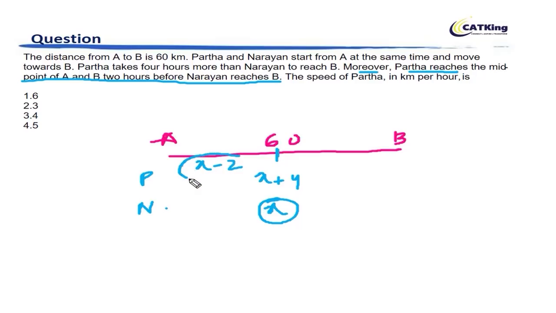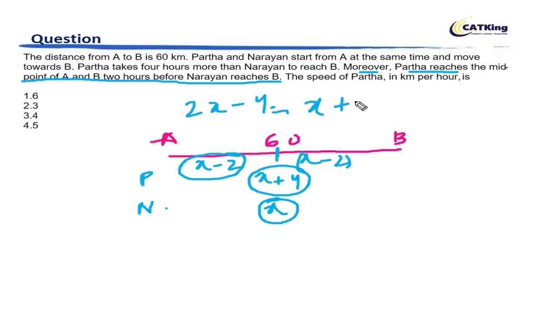If Partha is taking X minus 2 hours to reach the midpoint, he will take another X minus 2 to reach B. So the total time that Partha is taking is 2x minus 4, which is also equal to X plus 4 that we had initially taken. Using this, we can simply say that X is equal to 8.